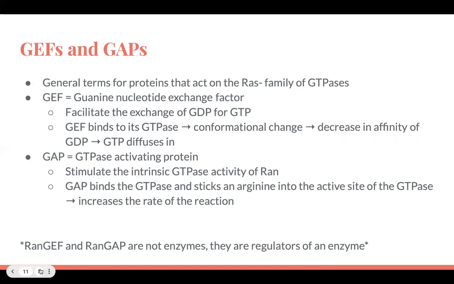RAN-GEF and RAN-GAP are not enzymes. They're just regulators of an enzyme. GEF facilitates the exchange of GDP for GTP by inducing a conformational change, which decreases the affinity of GDP, and then GTP can diffuse in. And GAP stimulates the intrinsic GTPase activity of RAN.